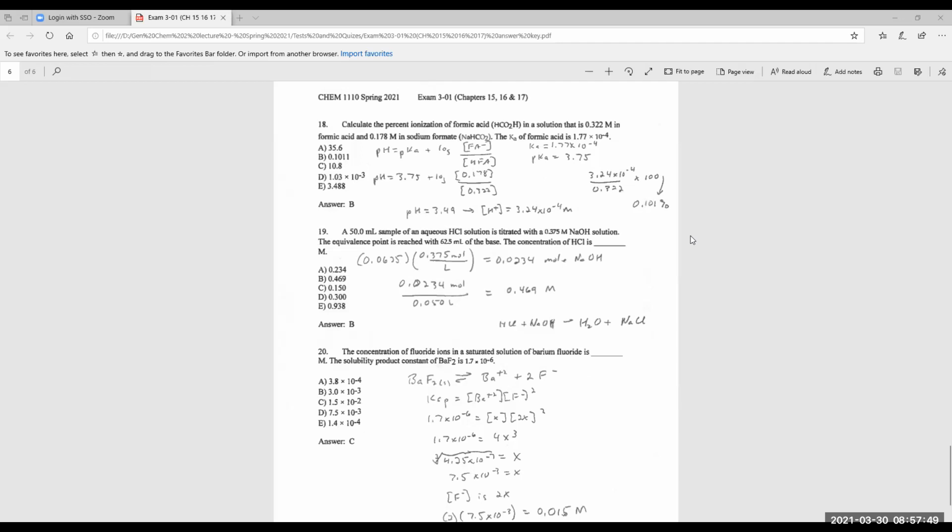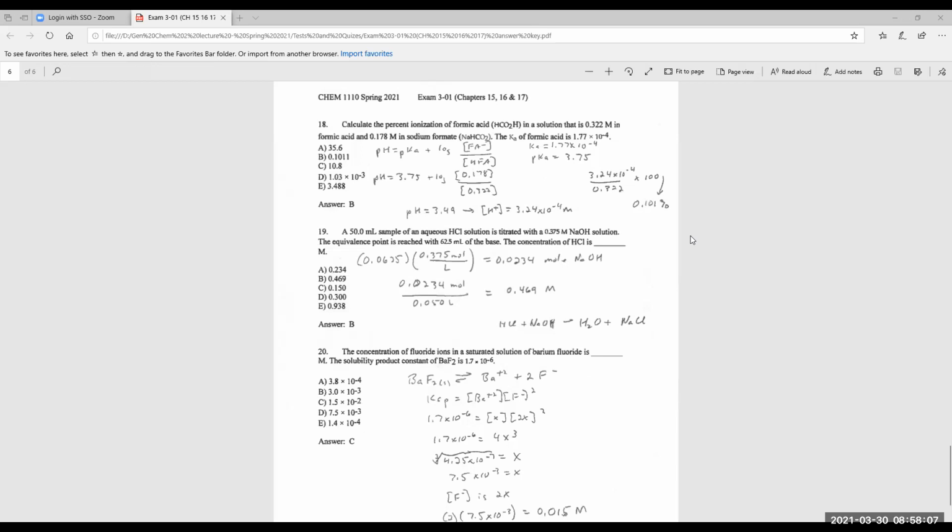Okay, so 19, a 50 ml sample of aqueous HCl solution is titrated with 0.375 molar NaOH. The equivalence point is reached at 62.5 mL of the base. What's the concentration of HCl?